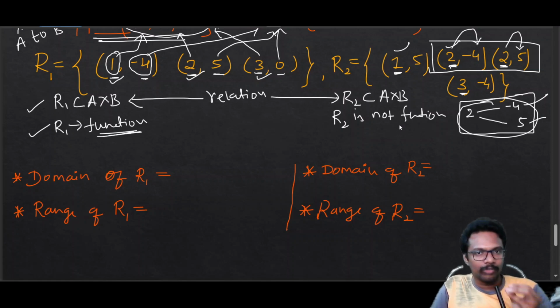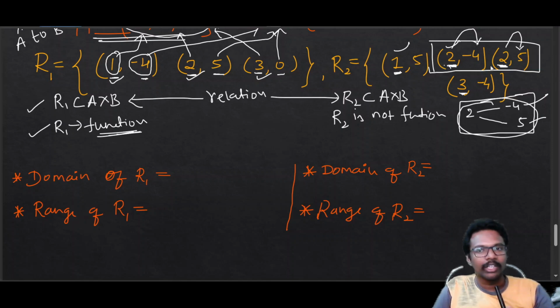So if the relation should be a function, the first elements of the ordered pairs should be different and cover all elements of A. So here all elements of A are present, 1 is present, 2 is present, 3 is present, but 2 is present twice. It means 2 has 2 images. If 2 is present in 3 ordered pairs, it means 2 has 3 images.